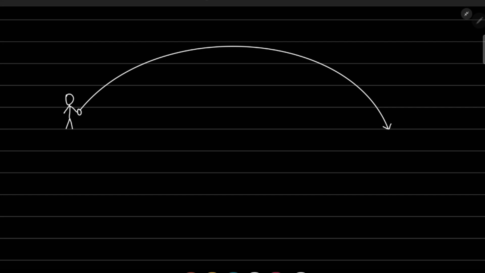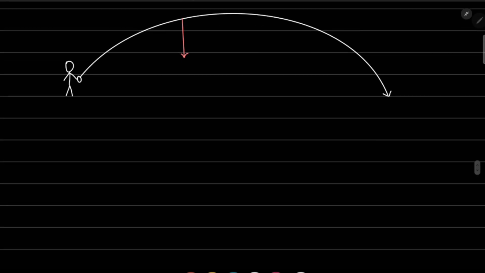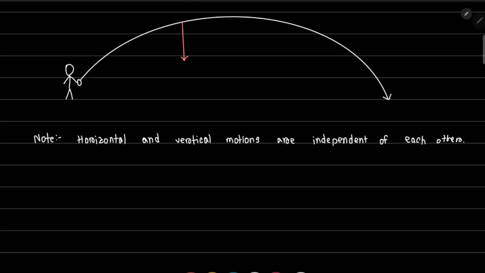So the only force that's acting on the ball is its weight, that's downwards. There are no horizontal forces on it. And we need to remember that at 90 degrees, the motion is independent. So the horizontal and vertical motions are independent of each other. One does not affect the other.